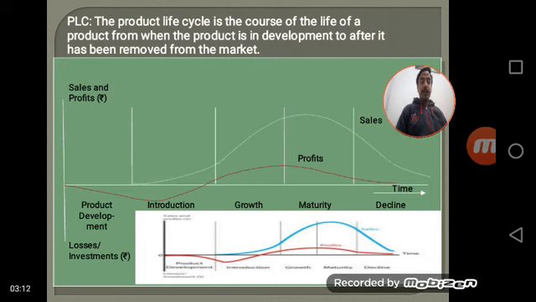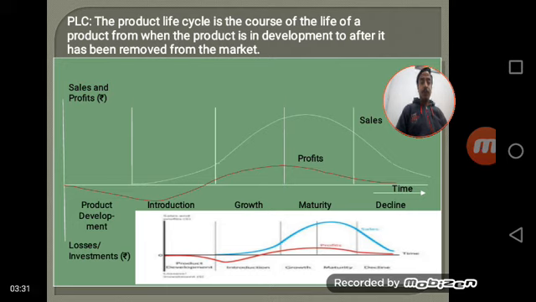So let's start. What is product development? First stage. What is the second stage? What is the third stage? Fourth stage, and at the end the fifth stage. So the product development comes under the first stage.